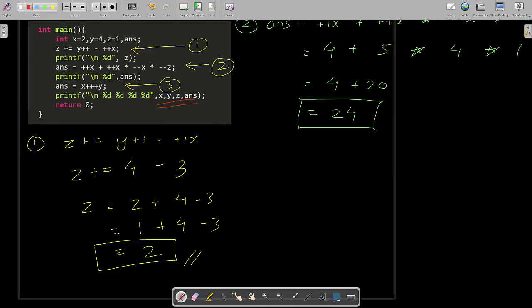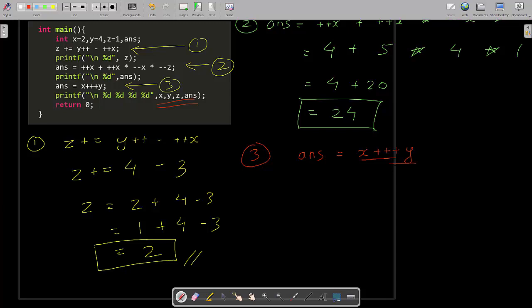The last one, that is the third expression. The third expression is something like this: answer is equal to x plus plus plus y. Now this is a bit confusing because you don't know whether this is a post operator for x or a pre-increment operator for y.